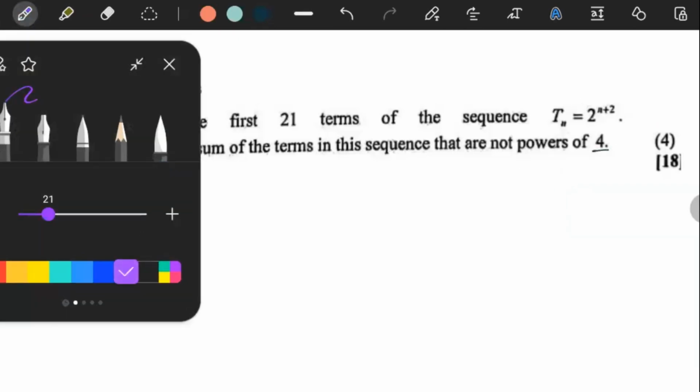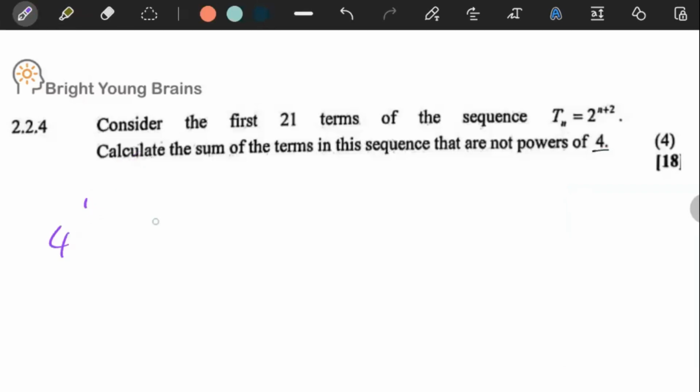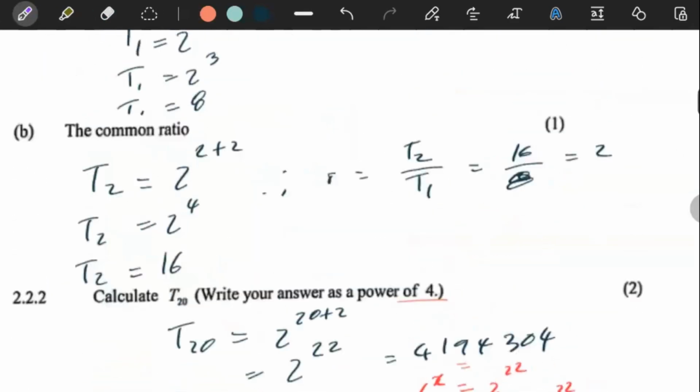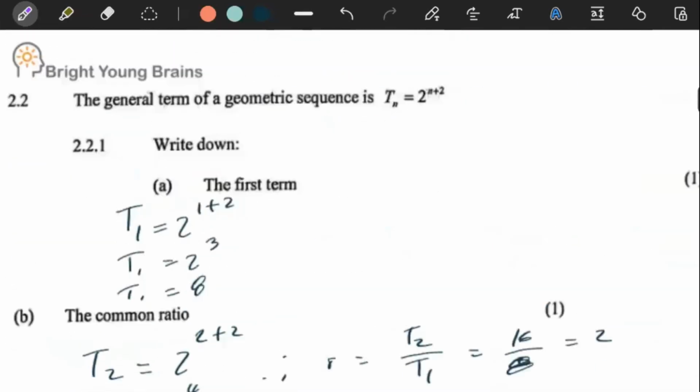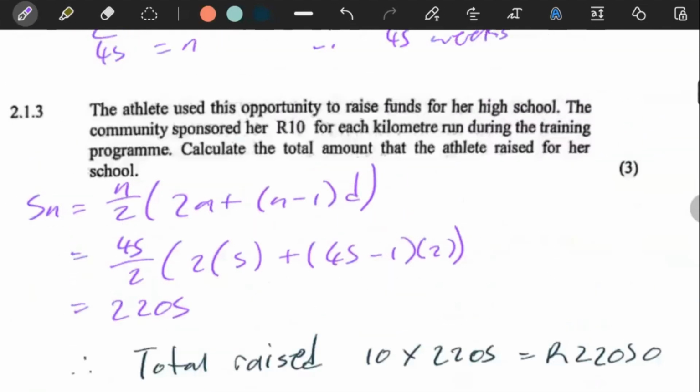Well, that's interesting. Let's think of powers of 4. So it's going to be 4 to the power of 1, 4 to the power of 2, 4 to the power of 3, going up until we know that term number 20 specifically is 4 to the power of 11. So what we do know is that if you think of the way our sequence is given, this is our general term.